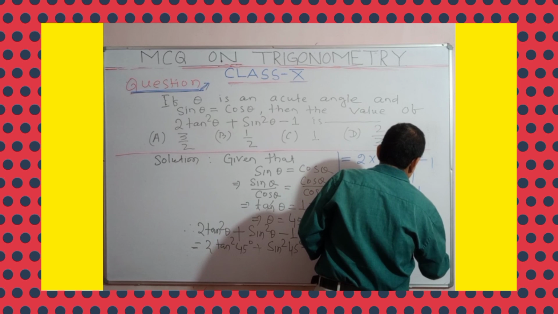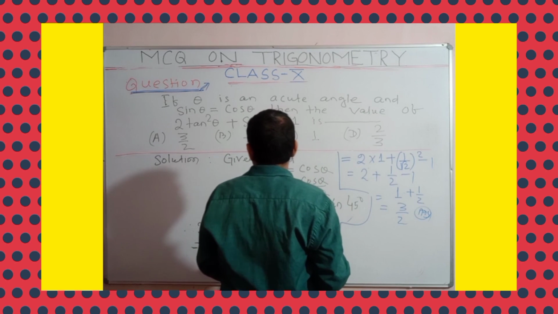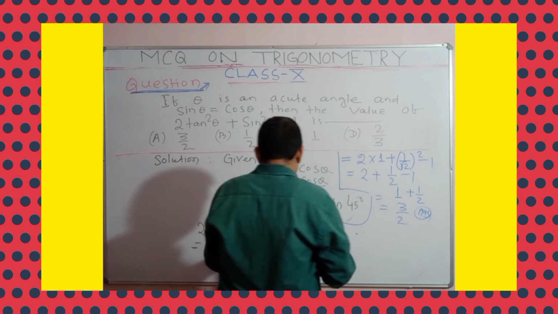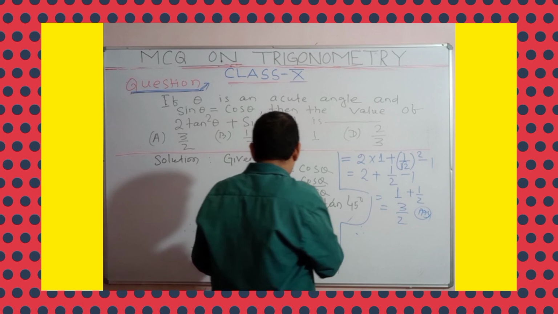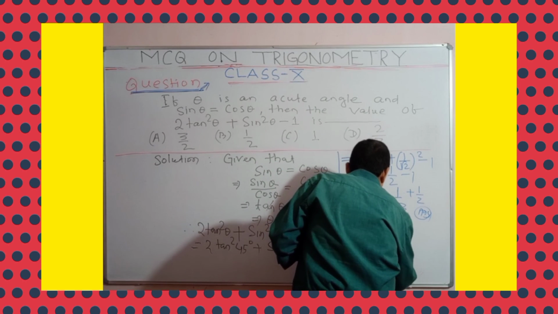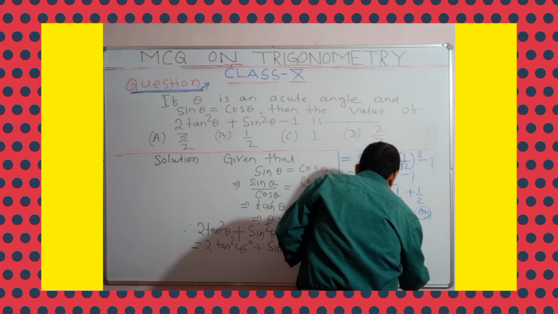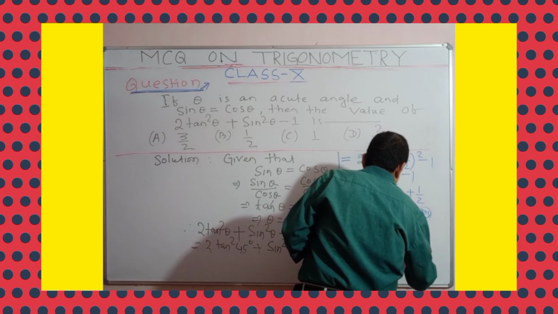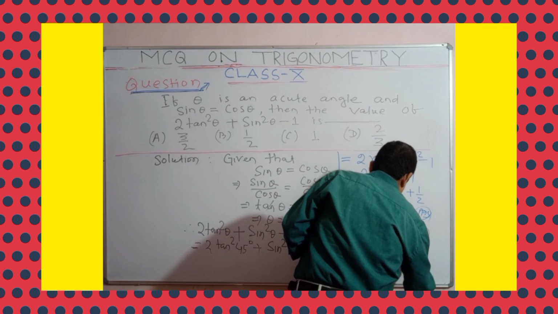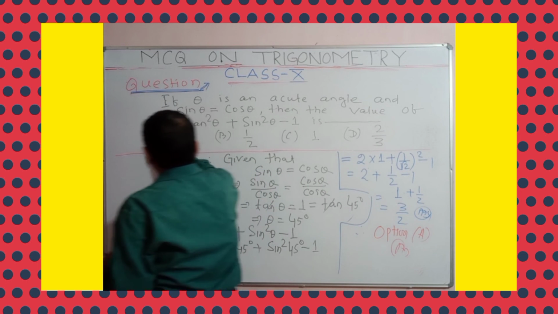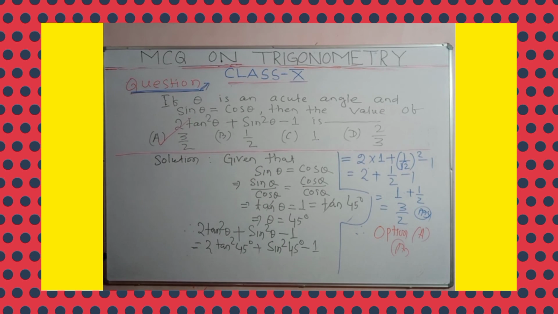Okay. Hence, which is the correct option here? A is the correct option. Yes or no? Here A is the correct option. So the answer is 3/2. Okay.